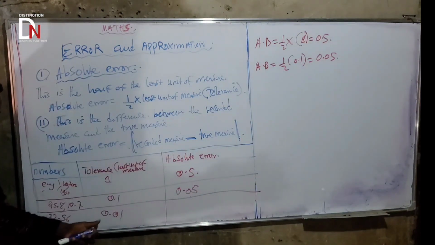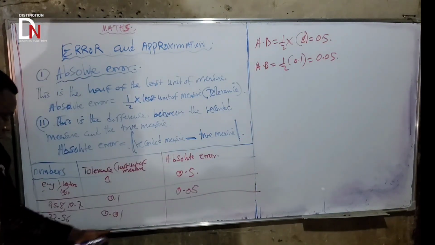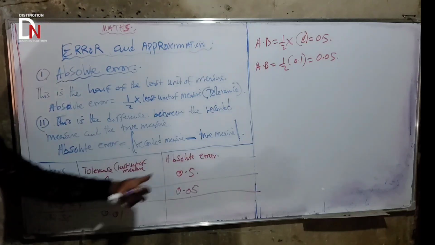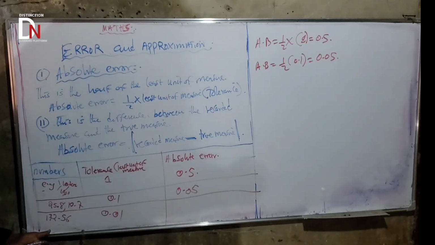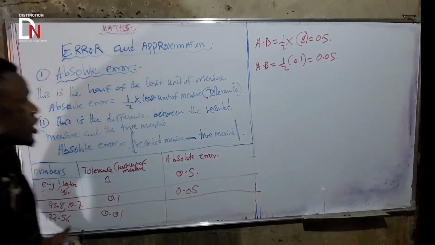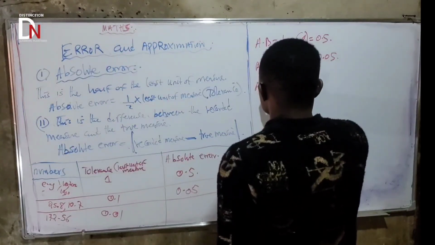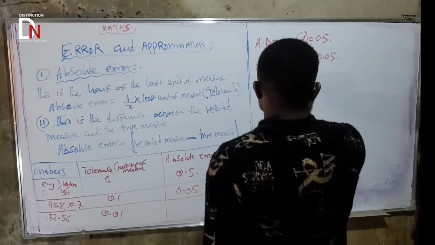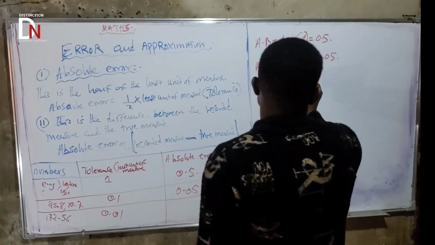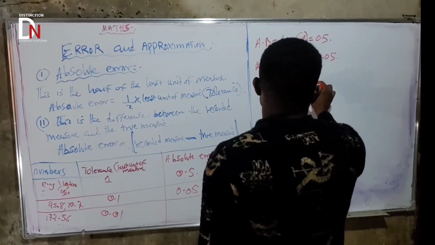If my tolerance is 0.01 and I want to find the absolute error for a number which has how many decimal numbers? Two decimal numbers. What happens? I'll say absolute error is equal to half of the tolerance, 0.01, which is the least unit of measure.